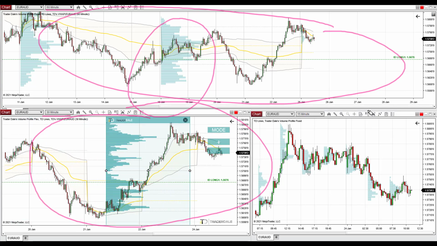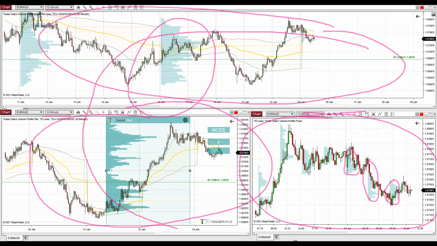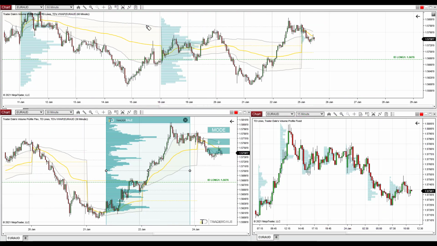And the last chart at the bottom is a 15-minute chart where I use fixed profiles which get printed automatically every 4 hours. All this gives me a nice overview of the market. Those charts are linked. They always show the same trading instrument. Right now they all show the Euro Australian dollar.